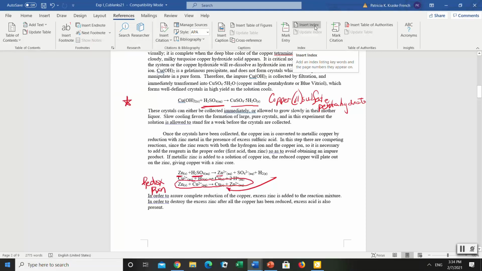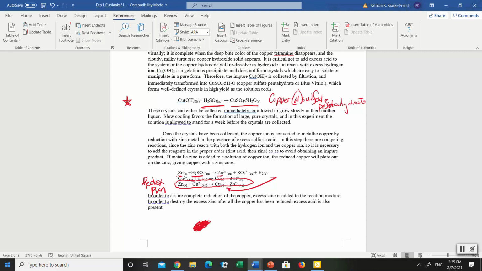Why do we use sulfuric acid as well? Why not just throw in zinc? It's a very interesting thing that happens here. Zinc reduces copper very, very nicely and very quickly. So if you add just zinc to the copper(II) ion by itself, you're going to end up with this core of zinc.